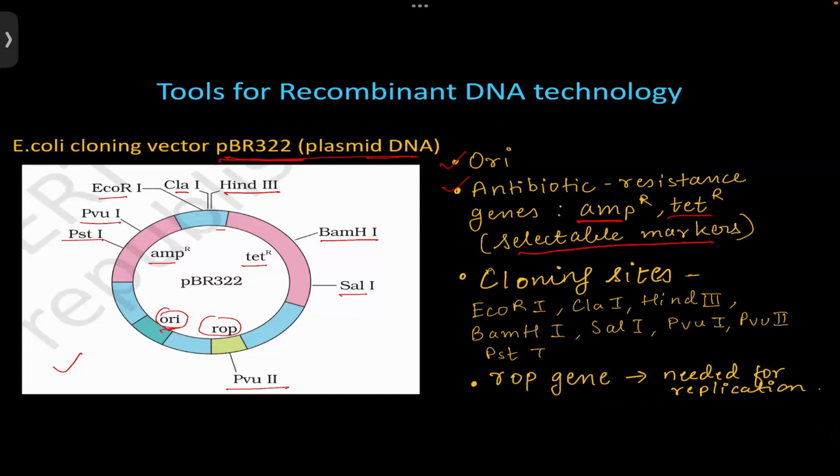Apart from these two important components, there are cloning sites, which is another name for the recognition sequences for various restriction endonucleases. So these are the various cloning sites. EcoRI is the cloning site for the restriction endonuclease EcoRI. Similarly, there are HindIII, BamHI, PvuI, PstI.